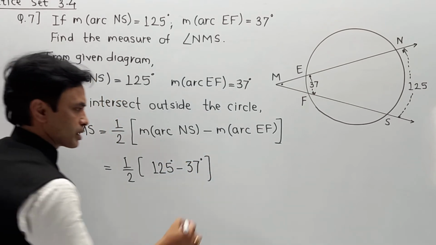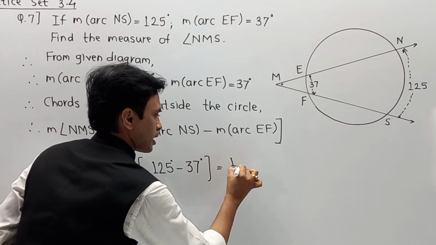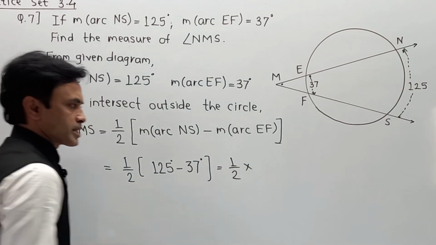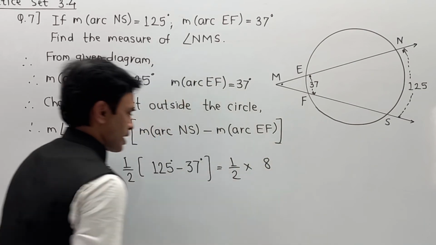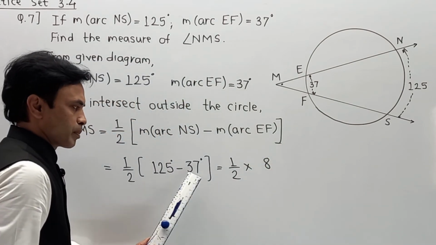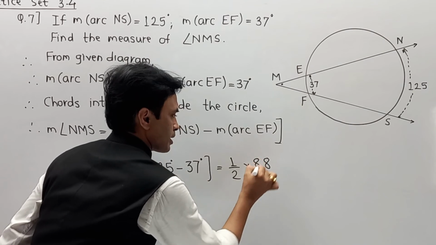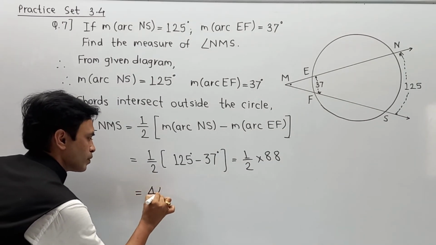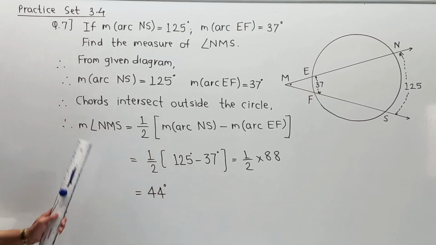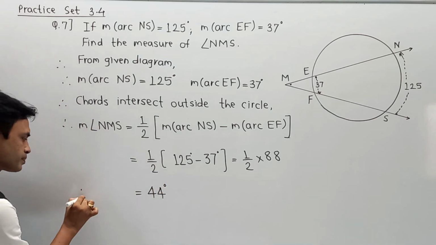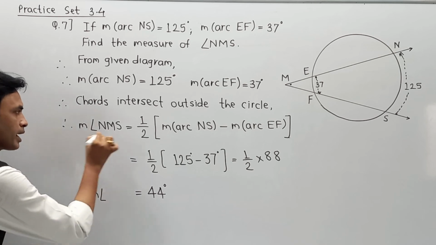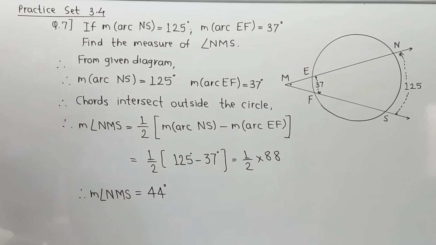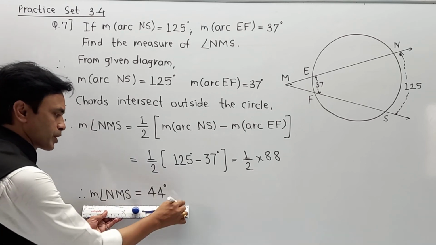Now simplification: 15 minus 7 becomes 8, and 3 plus 1 is 4, 12 minus 4 means 8, so half into 88, and that value becomes 44 degrees, and that is the value of major angle NMS. And in this way you can complete your respective numerical.